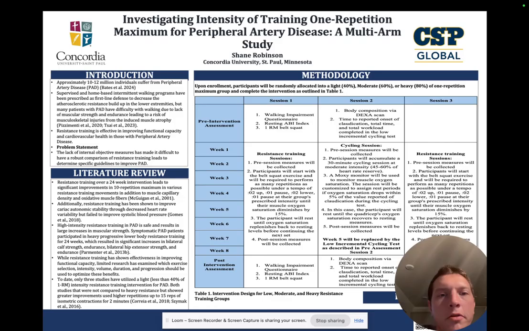That's fine for us who are healthy, but patients with peripheral arterial disease are already dealing with increased arterial stiffness, metabolic disease, and things that may not be the best for them at this point.